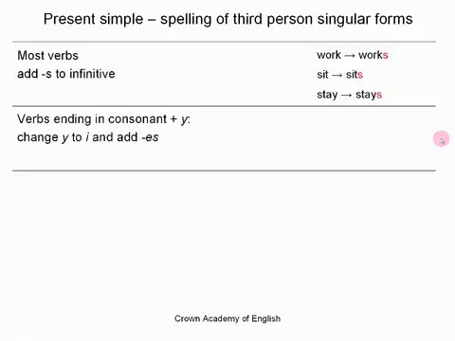If the infinitive of the verb ends in a consonant and then the letter Y, the rule is the following. We change the Y to an I and then we add ES. So let's have a look at some examples. So, for example, the verb to cry becomes he cries.